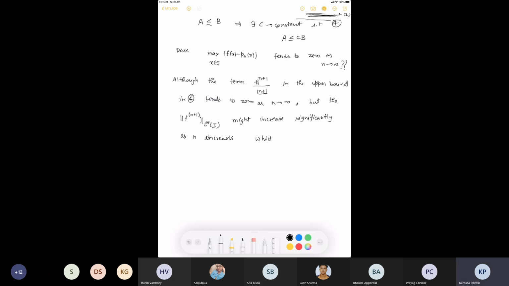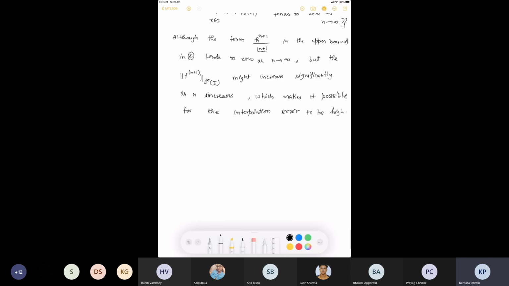This makes it possible for the interpolation error to be a large number, to be high.